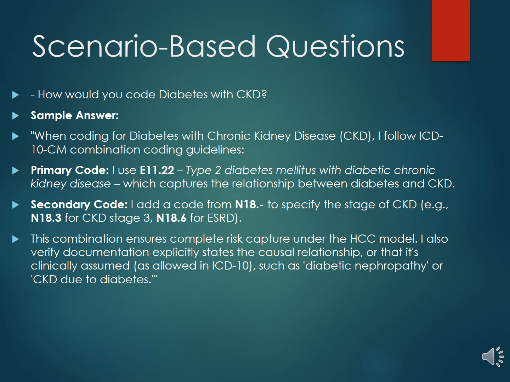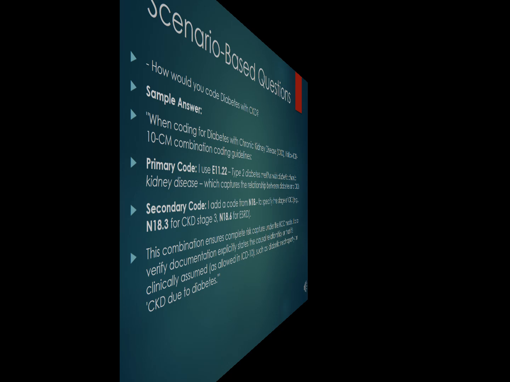Secondary code: I add a code from N18 to specify the stage of CKD, e.g., N18.3 for CKD stage 3 and N18.6 for ESRD. This combination ensures complete risk capture under the HCC model. I also verify documentation explicitly states the causal relationship, or that it's clinically assumed as allowed in ICD-10, such as diabetic nephropathy or CKD due to diabetes.